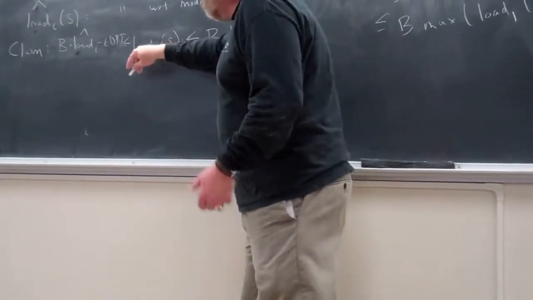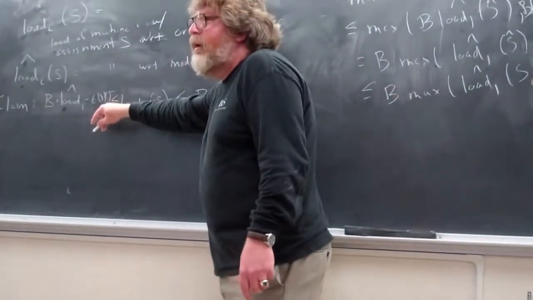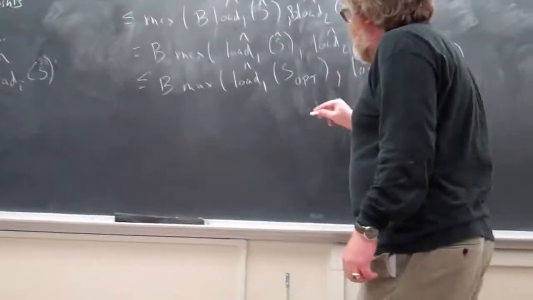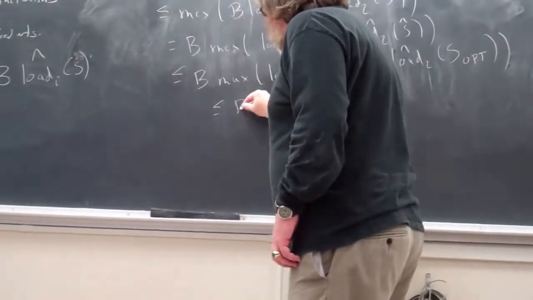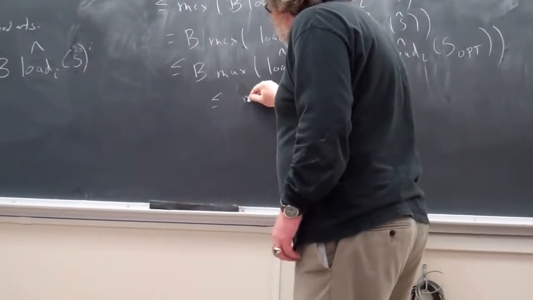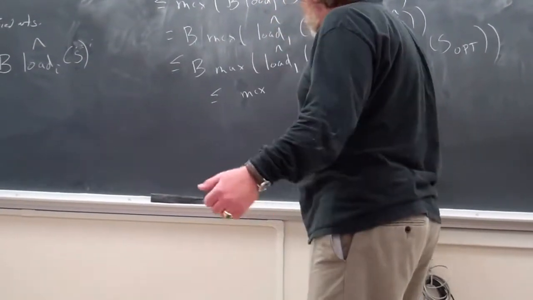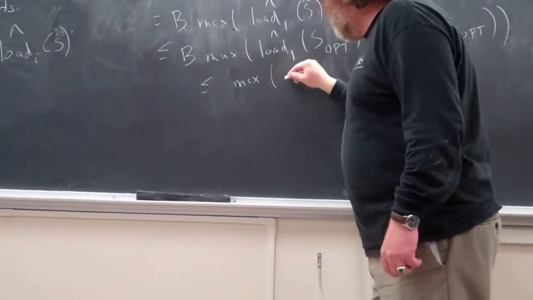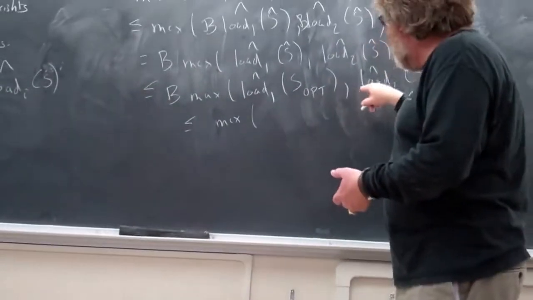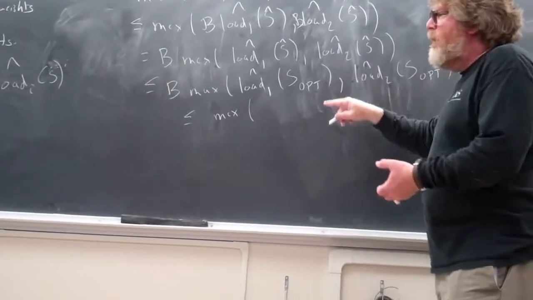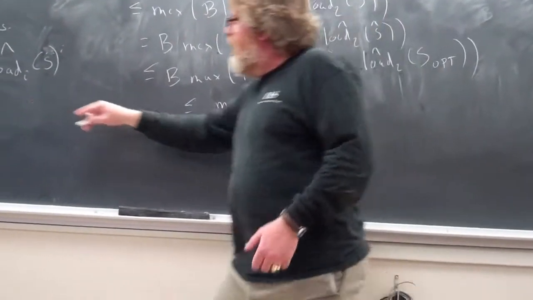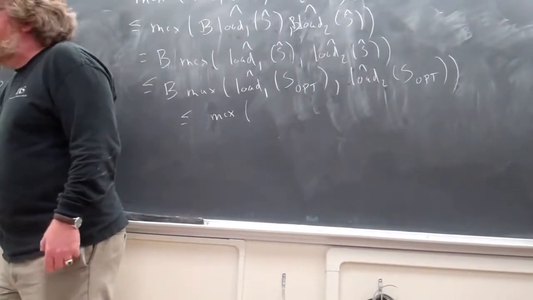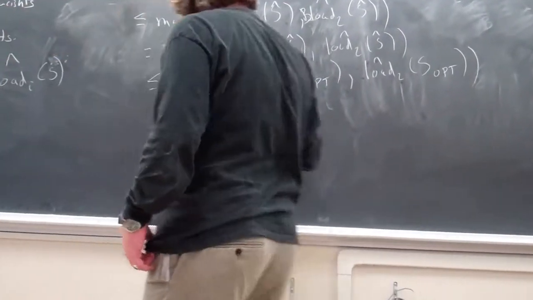Well, we said it differs by at most this epsilon opt. So this is at most the max of b times the load here, b times the load here. Each of those, by this lemma applied to S-opt, is at most the load in the original plus epsilon times the opt.